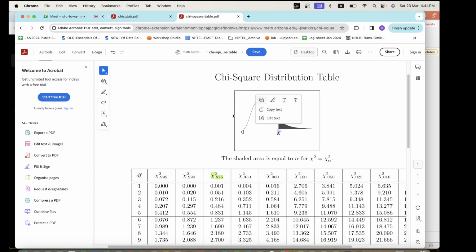Degree of freedom. Calculate, what do you exactly mean by calculate?